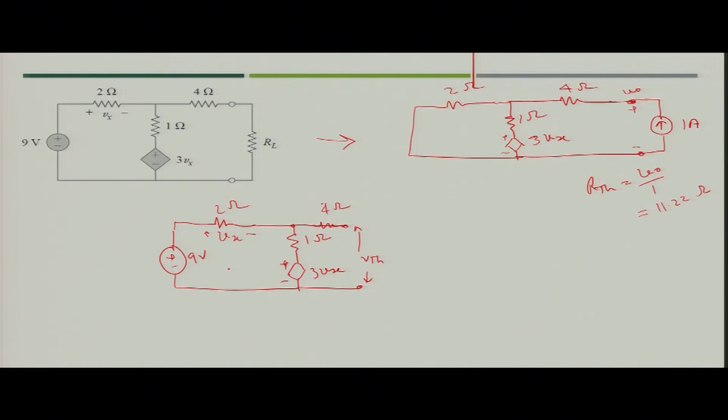So, you can simply write the loop equation and simplify to get the value of V T H. When you simplify, you will get the value of V T H as 7 volt.